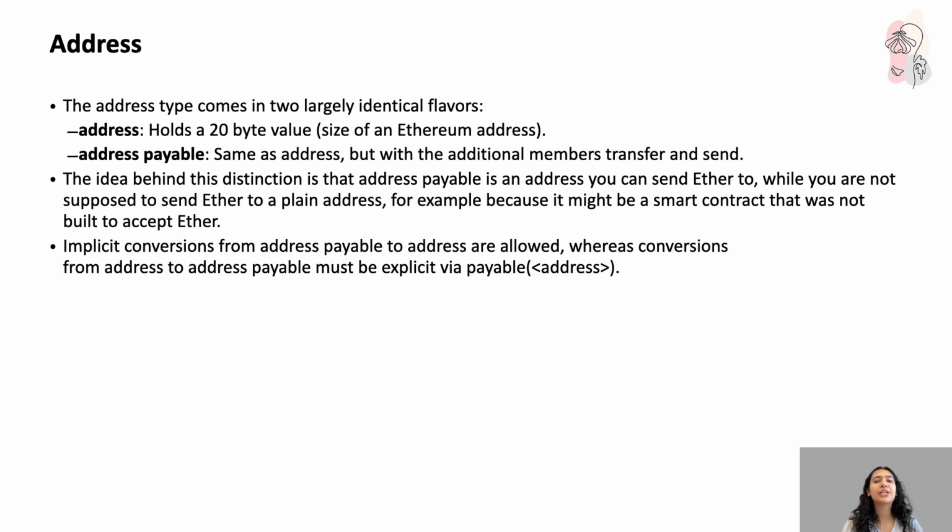The reason for the separation is safety. Not every address is meant to receive Ether, and if you send your Ether to an address that is not supposed to receive it, your Ether is lost. You cannot just retrieve it back, right? That's why Solidity requires you to explicitly mark an address as payable when you intend to send it Ether.